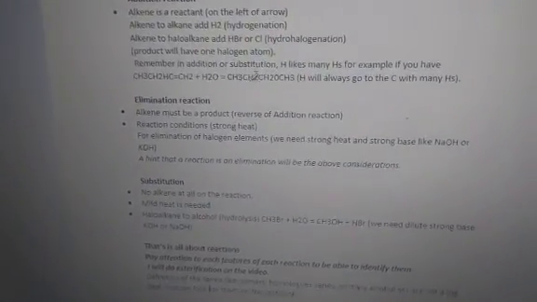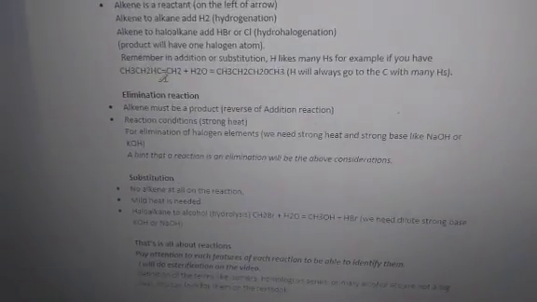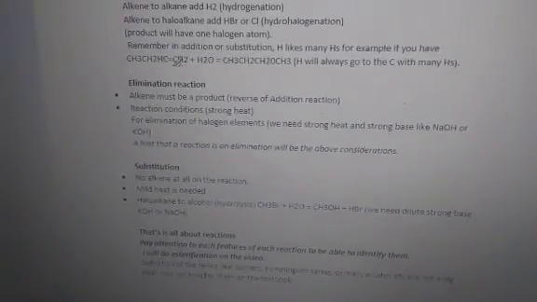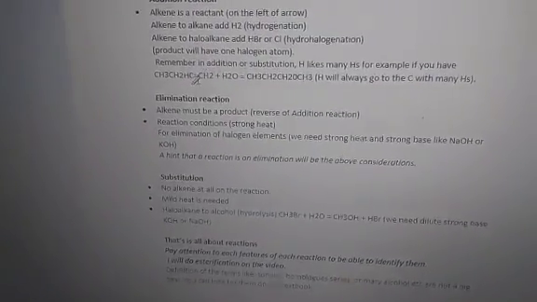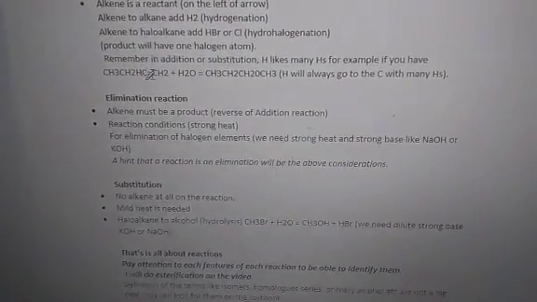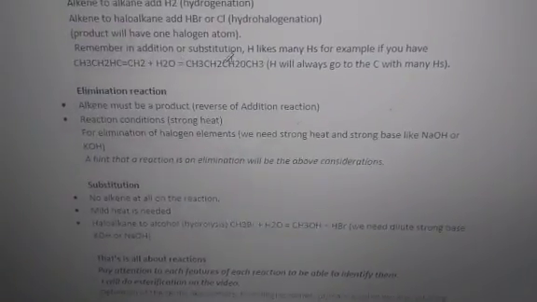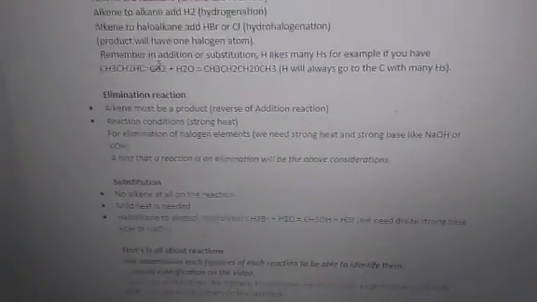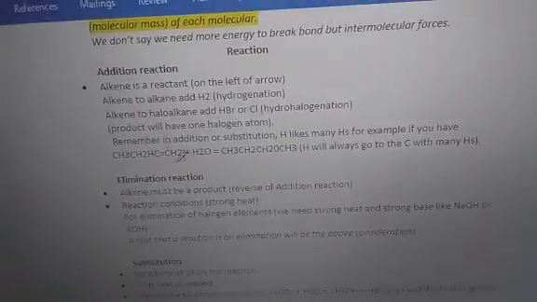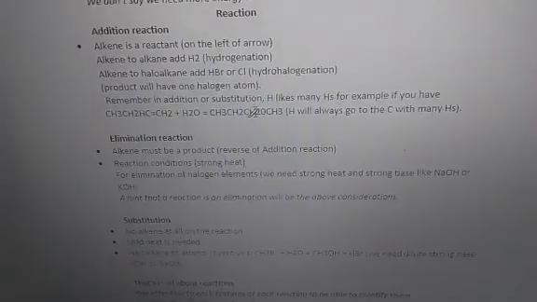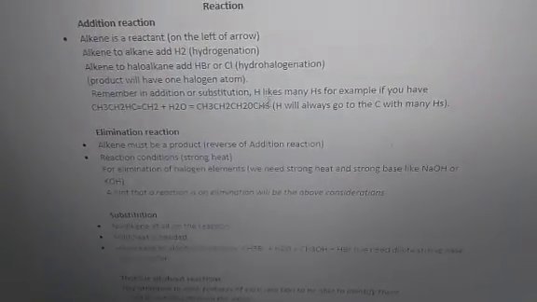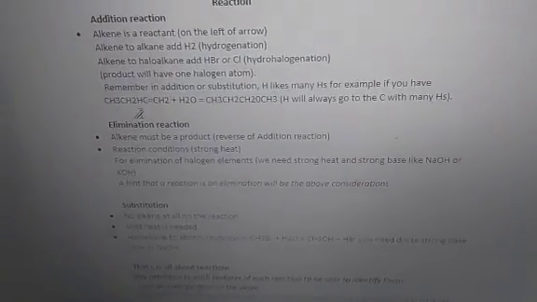You started with this, but your product has a double bond, meaning that you have eliminated something here. You have eliminated water from this compound, hence it's having a double bond. So elimination should be just the opposite of this, or a reverse reaction.